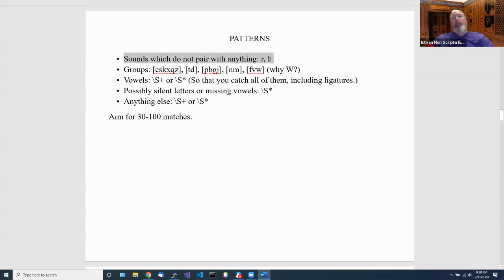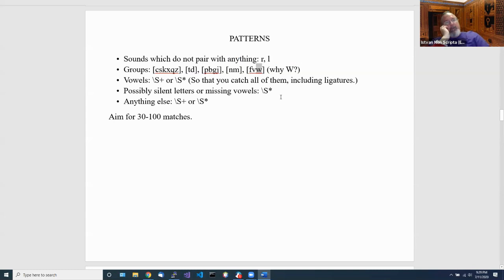What characters don't give me a sound that's very obvious? R, L, O. What characters should I group together? Well, plosives, nasals, I forget what these are called, fricatives maybe? Sibilants, fricatives, thank you.